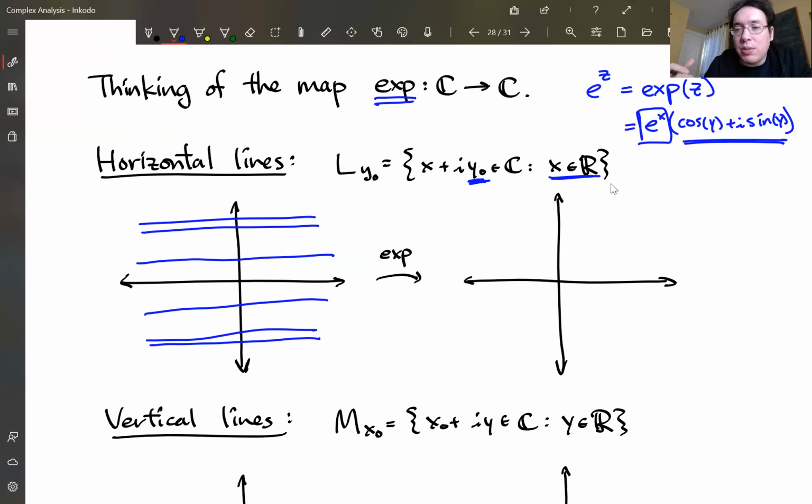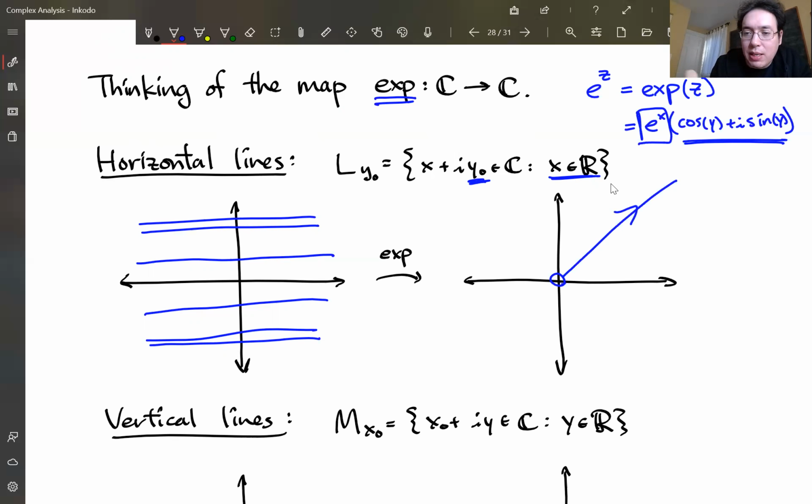And e to the x will be anywhere from 0 to infinity, right? It doesn't quite hit 0, but as x gets closer and closer to negative infinity, it gets closer and closer to modulus 0. And as x gets larger, it will blow up in modulus. So the angle is fixed, and you get modulus anywhere from 0 to infinity.